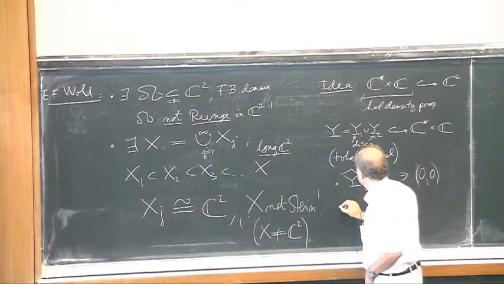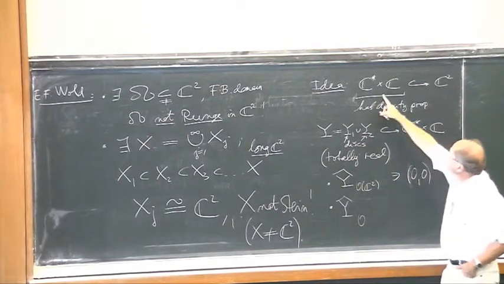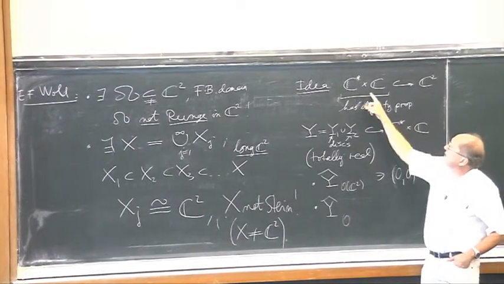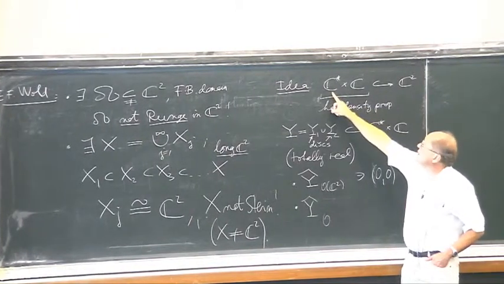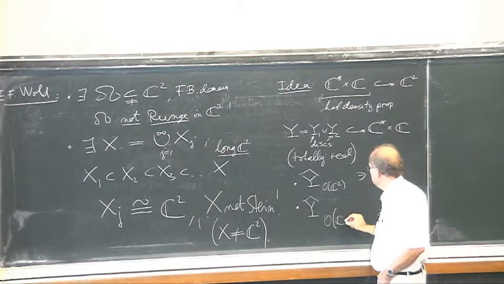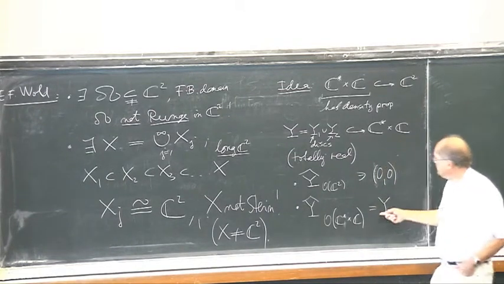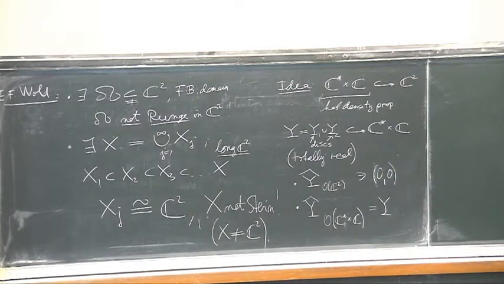But the hull of the same set with respect to functions which are holomorphic here, which means they can have also poles along the missing line, so the hull with respect to C star cross C is just the set itself. So this means that the union of two disks is what we say holomorphically convex in here, but in C2 it's not convex.